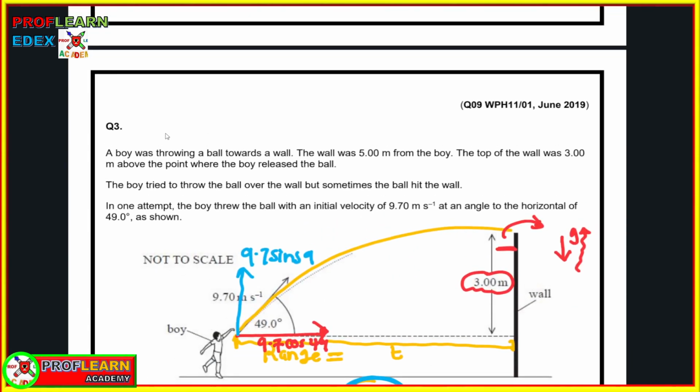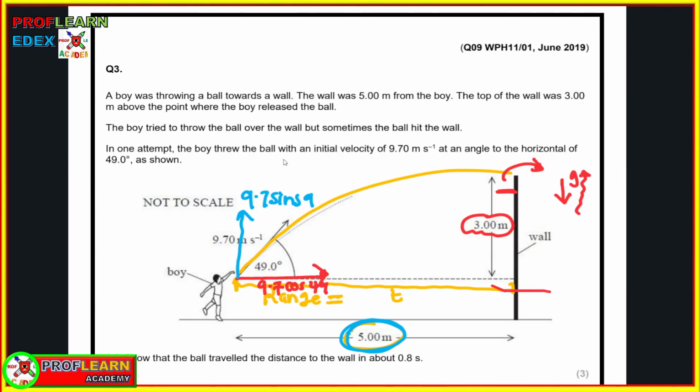So the boy was throwing a ball towards a wall, and the wall was 5.0 meters from the boy. The top of the wall was 3 meters above the point where the boy released the ball. So we can see the height that we are talking about is this height here. Then in one attempt, the boy threw the ball with an initial velocity of 9.7 at an angle of 49 degrees to the horizontal.